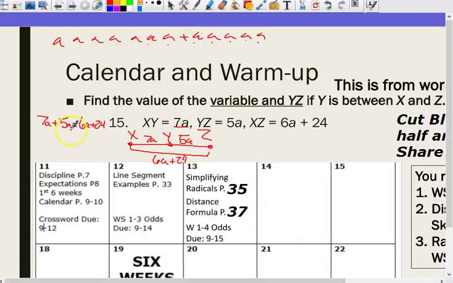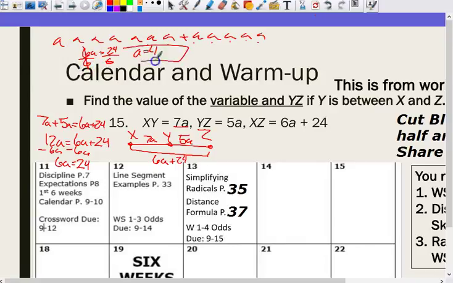So 5a plus 7a is 12a is equal to 6a plus 24. Minus 6a, minus 6a. We get 6a is equal to 24. What's the opposite of multiplying by 6? Dividing both sides by 6. I'm running out of room. All right, let's do it up here. 6a is equal to 24. Divide both sides by 6. This cancels out. We get a is equal to 4.